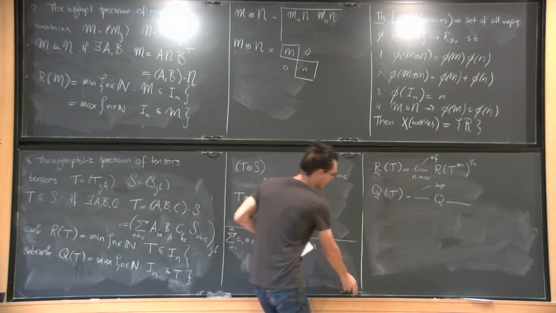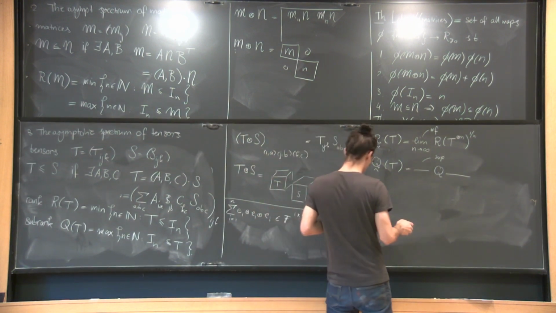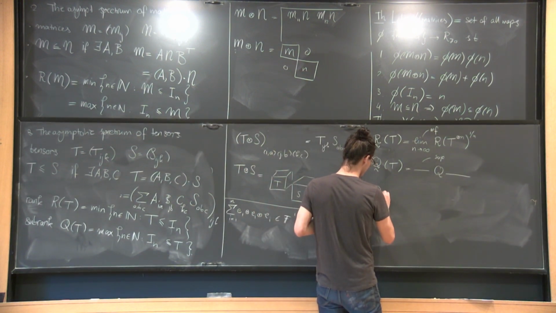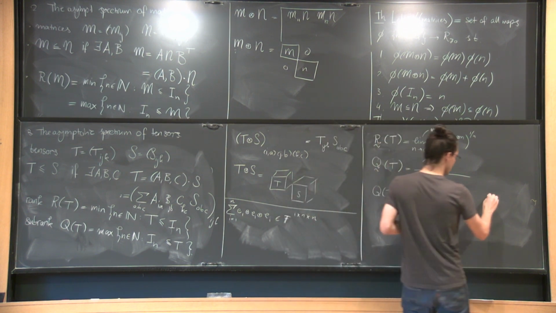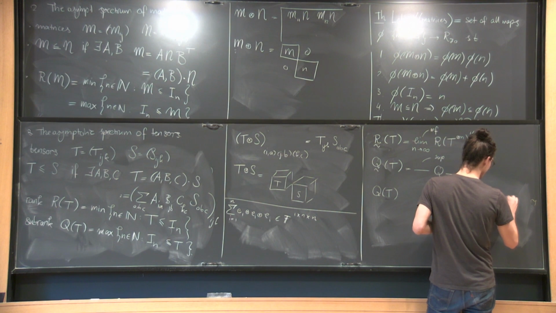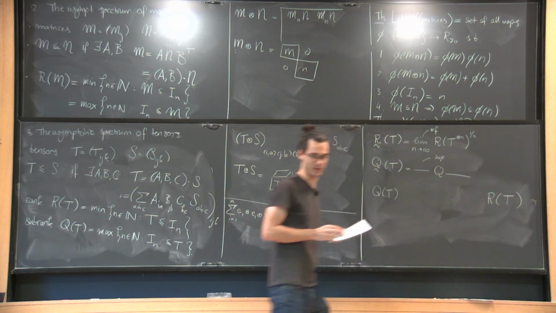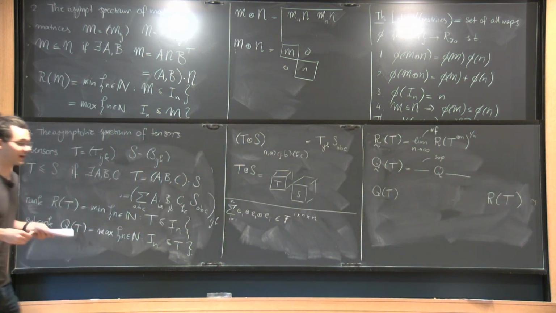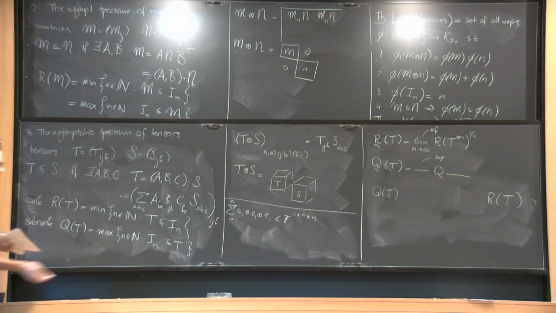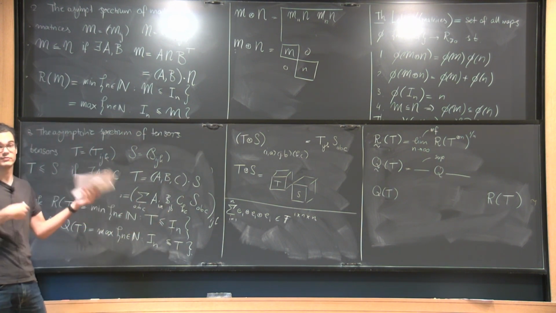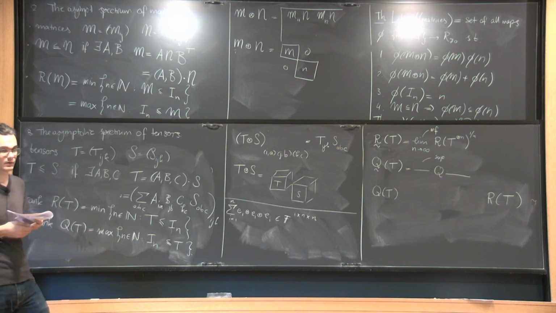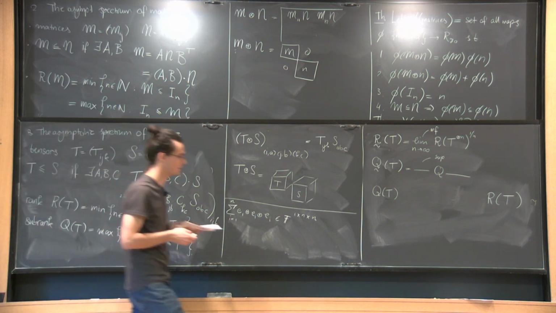Okay, so to give an overview of the parameters we have now, we have the subrank. We have the rank. It's not hard to see that the rank should be bigger than the subrank, right? Because the rank is how large of an identity tensor do we need to create T, and the subrank is how large an identity tensor can we create from T. But it's still a gap between them, right? But there is a gap, yeah.